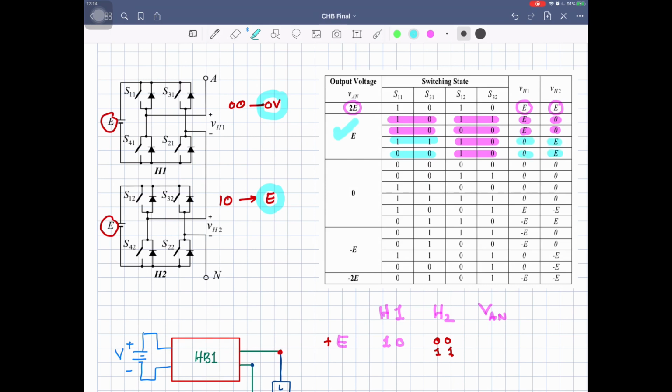Similarly, to get 0 volt at the output, there are a number of combinations that you can use to get the 0 volt level in the output voltage waveform. Let's suppose this inverter is 0 0, this inverter is also 0 0, the net output is 0. If it is 1 1 and the other is still 0 0, the net output voltage will be 0.